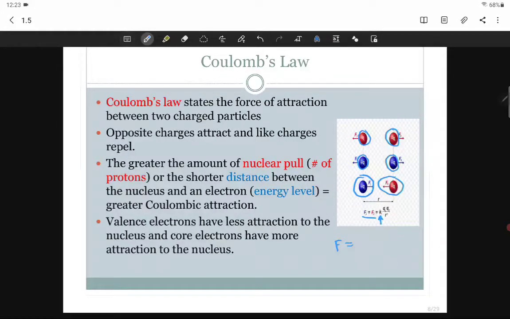And it's governed by a constant. And the constant's not going to do us any good because we're not going to use this mathematically. We're going to use this theoretically. But it's governed by a Q. And that Q is a charge, maybe the charge of a proton. And then another Q. And that Q is another different charge, like maybe the charge of an electron.